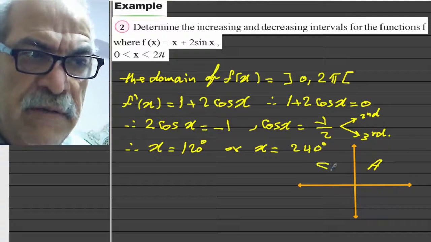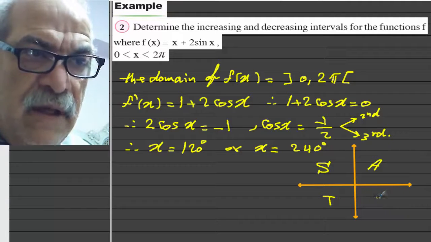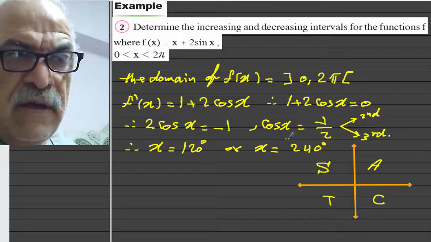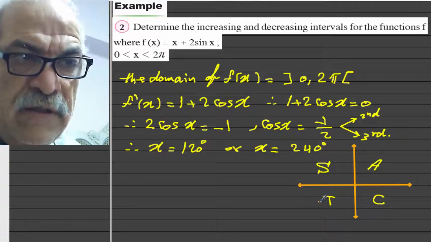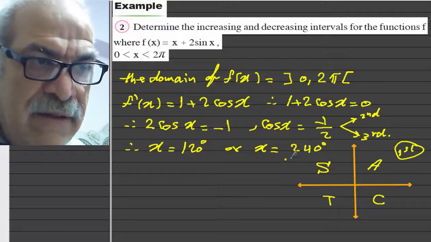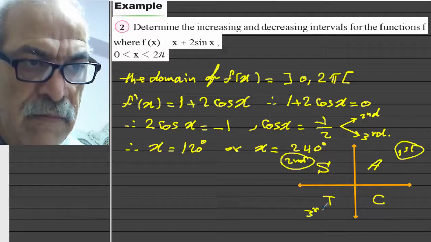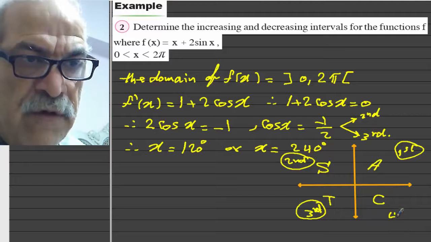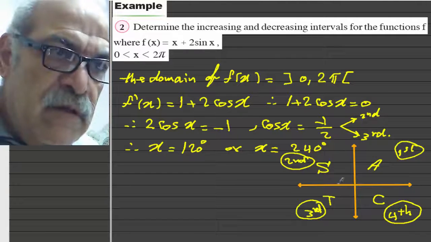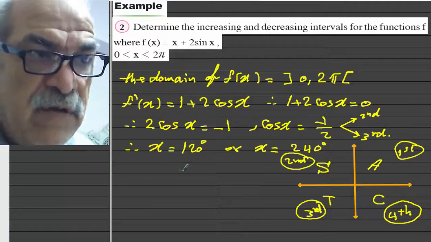Here sine is positive. Here is tan and cosine. So when the angle x lies in the second or third quadrant, here is the first quadrant, second, third, and fourth, cosine x is negative.